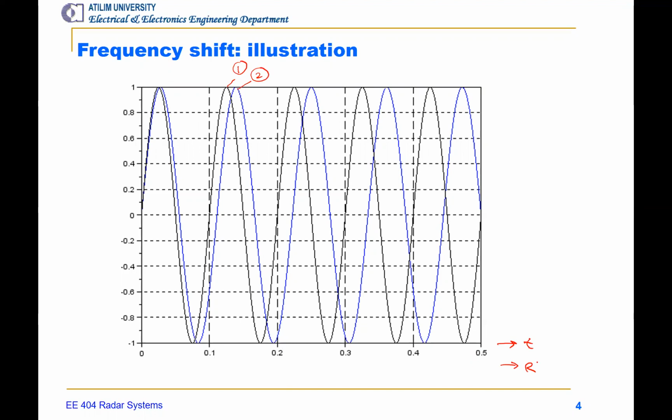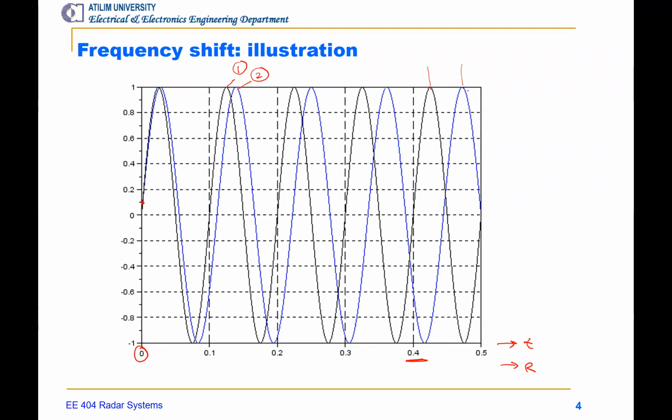On the other hand, the blue one has a phase variation, and they start from 0, initially at the same phase, while after about 0.4 unit, we see a difference here, right?